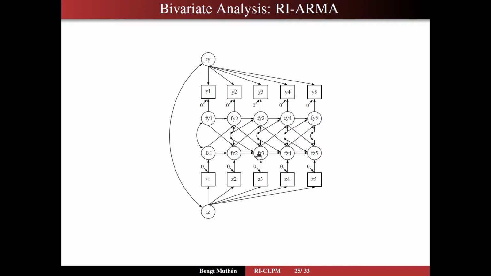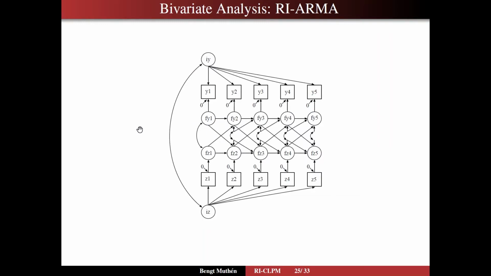And same thing for the z part, that is influenced by the residual of fz2. And these residuals have correlation between the two processes across time. And once again, we don't include a moving average part from the first time point, but only from the second.